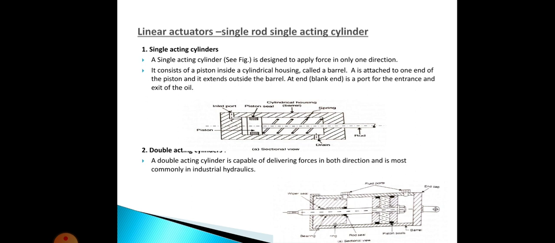The piston, which is made of ductile iron, contains U-cup packings to prevent leakage between the piston and the barrel. The ports are located in end caps, which are secured to the barrel by tie rods. As fluid from the pump enters the cylinder through port 1, as you can see in the diagram, the piston moves forward and fluid is returned to the reservoir from the cylinder through port 2.